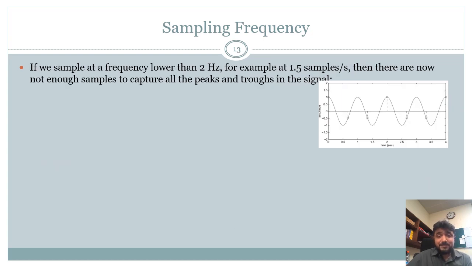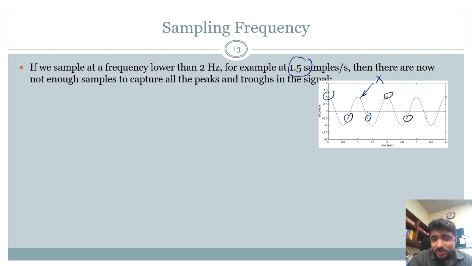However, if we sample at a frequency lower than 2 samples per second, for example at 1.5 samples per second, then we do not have enough samples to capture all the peaks and troughs. See, we have a sample here and a sample here, so the first cycle was preserved. We don't have a sample here, we don't have a sample here, but we have a sample here, and here, and here.